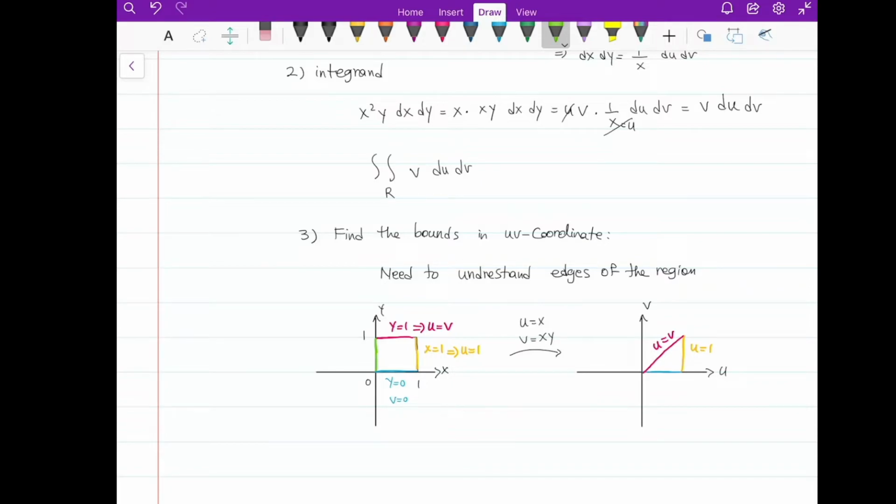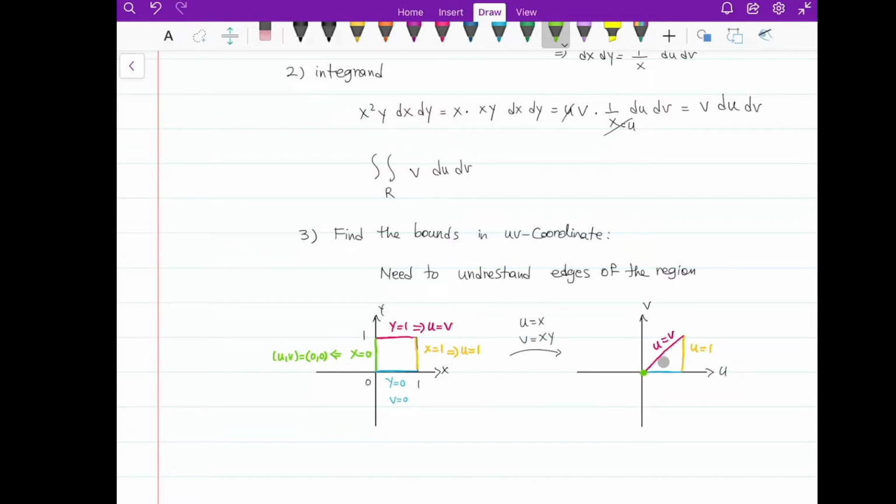This side is basically x equals 0. When x is equal to 0, u would be 0 and also v would be 0. So u and v would be 0, 0. It's just this point. So you see, we basically shrink this edge to a point, and we get this shape here.